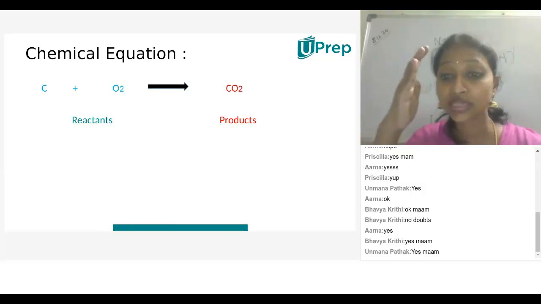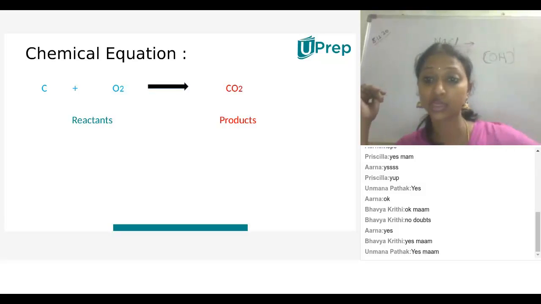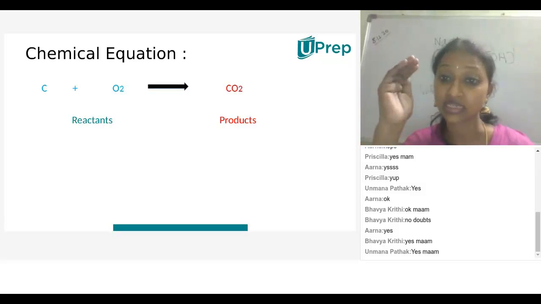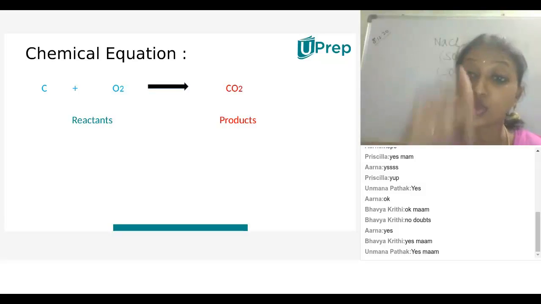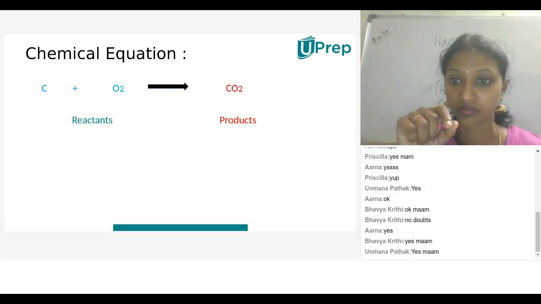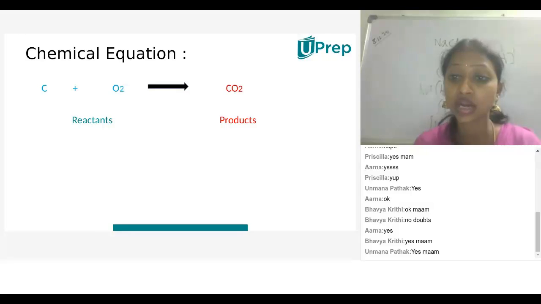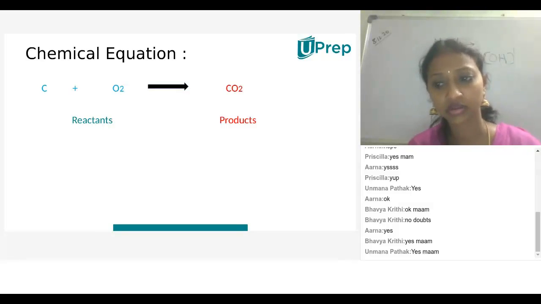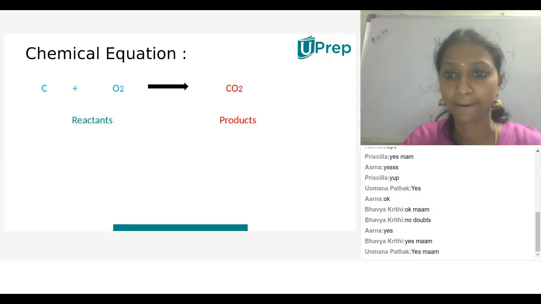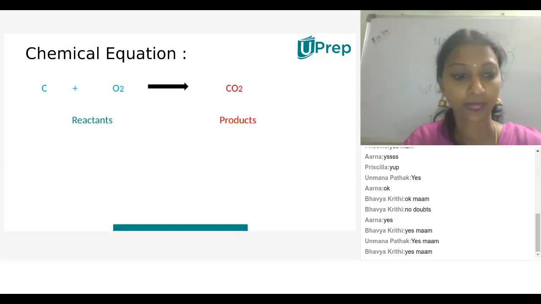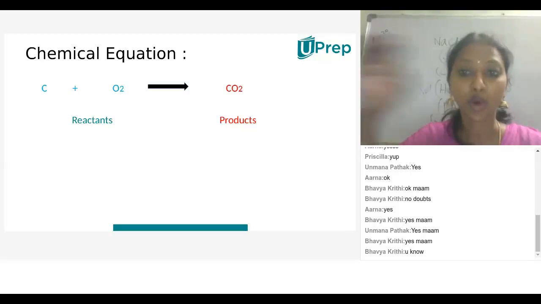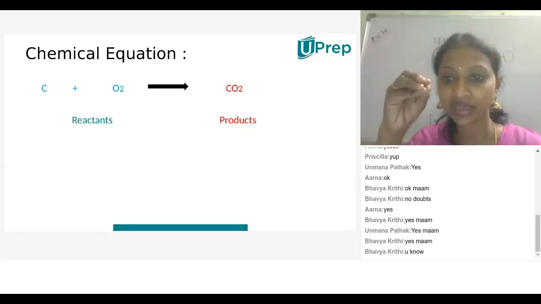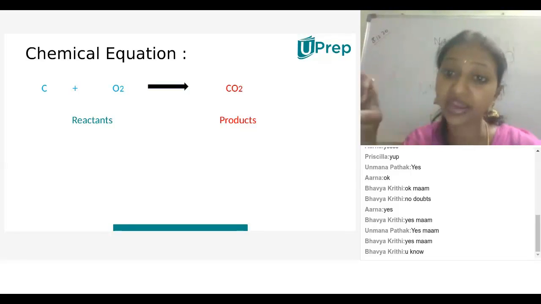Understood? How to represent a chemical equation? Towards the left are the reactants, the chemicals which you know. When I want to cook a dish, I know the ingredients, and the product comes second.